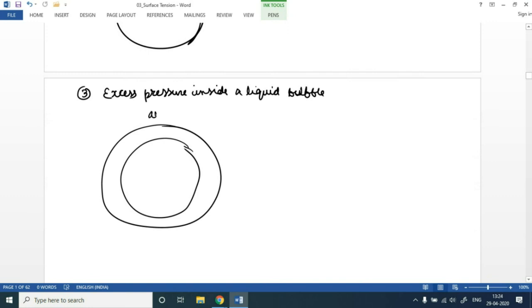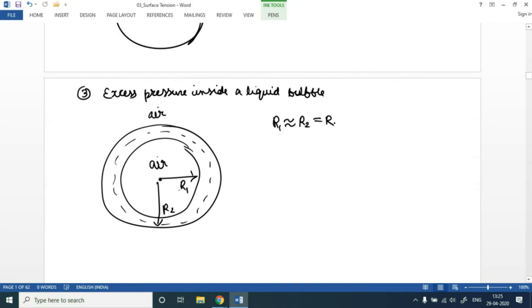Let's say outside is air and inside is air. So there is a thin liquid membrane, this part is made up of liquid and it is very thin. If this is R1 and this is R2, or let's say inner radius and outer radius, R1 is approximately equal to R2, and let's say that is equal to R.